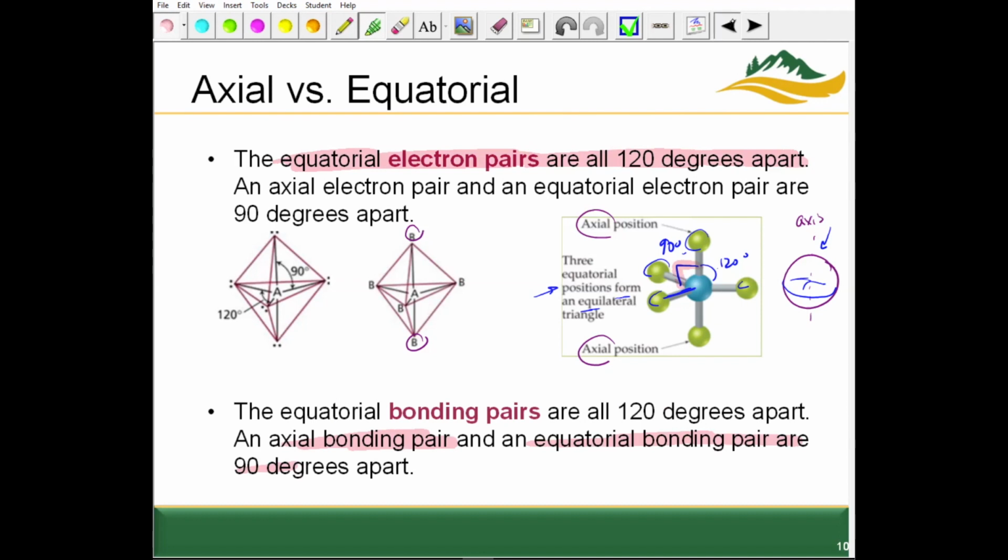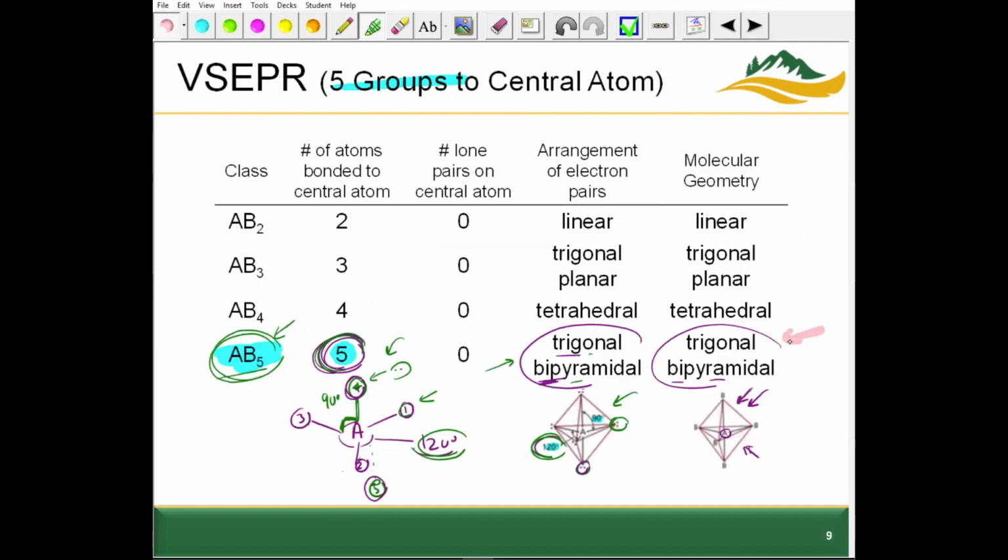So here we are still in the trigonal bipyramidal example, looking at AB5, and we just talked about these different names for these positions. Equatorial going this direction, axial going up and down.